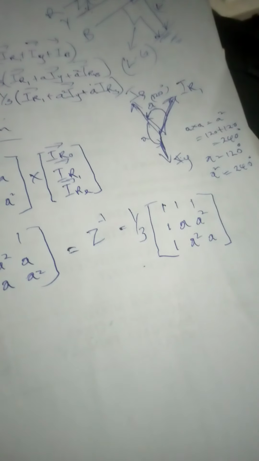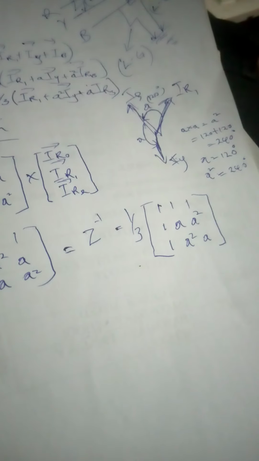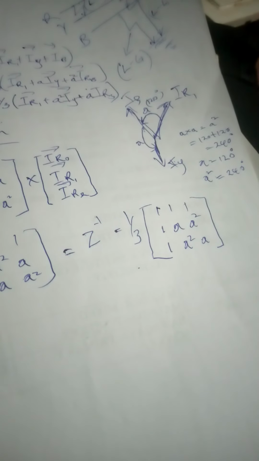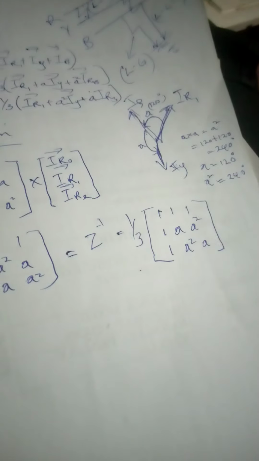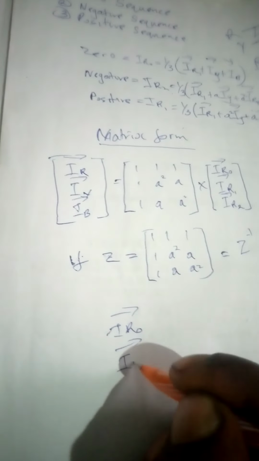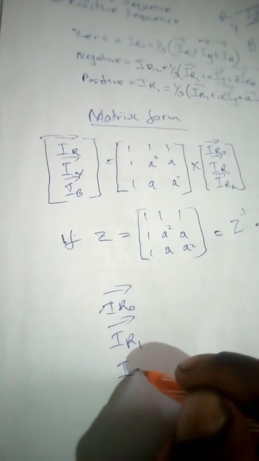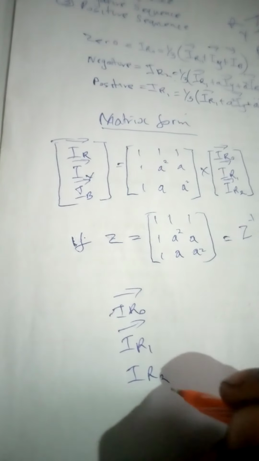So we come back to our equation and say that, let's continue. We are going to have IR0, IR1 and IR2.